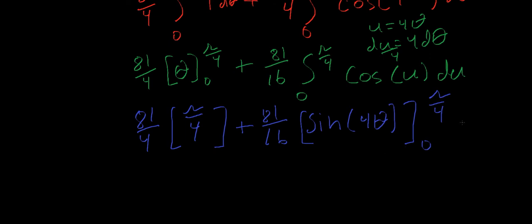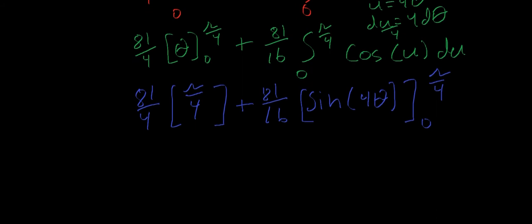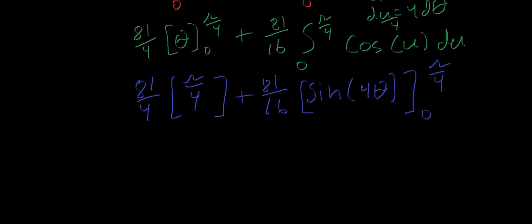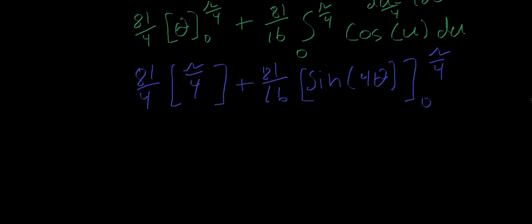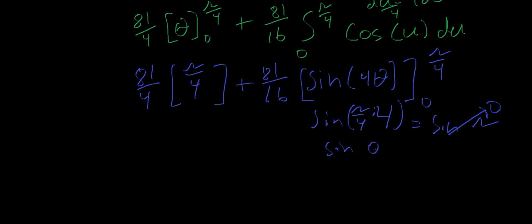And we can see that the sine term here is actually going to go to 0, because sine of 4 times pi over 4. Let's just look at sine of pi over 4 times 4. The 4's cancel and I get sine pi, which is 0. And sine of 4 times 0 is 0.